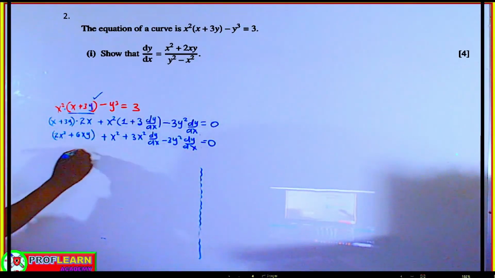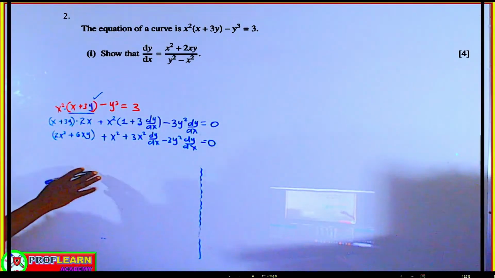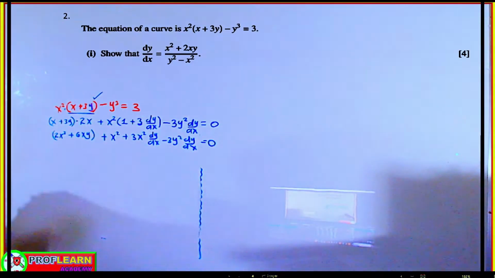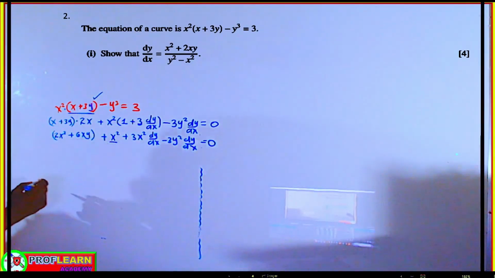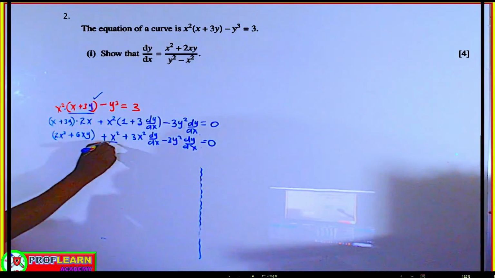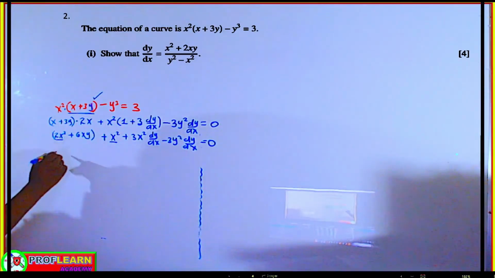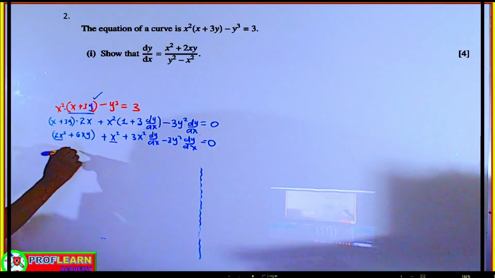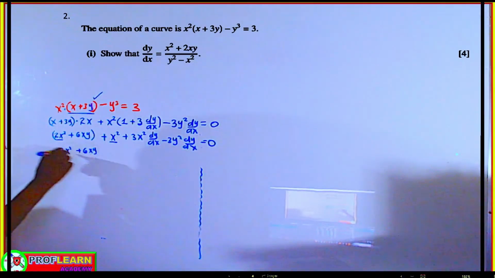Now I can decide to take those terms which are having x on the other side of the equal sign. I also have this term at this point, and it is added to this, and this is going to be 2x squared plus 6xy.